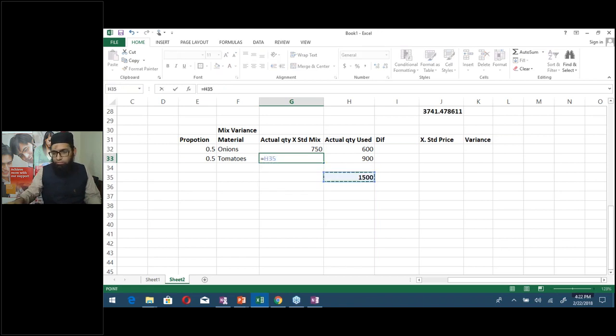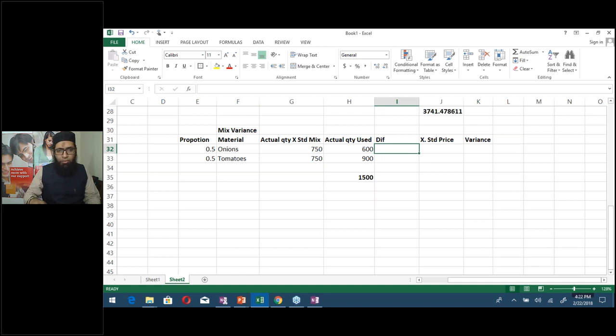Same for onions. I will now identify the difference. So the difference will be 750 minus 600, it will be 150. And if I do the same calculation, I will copy and then paste it, it will be minus 50.